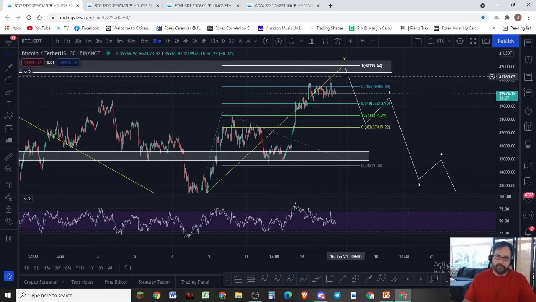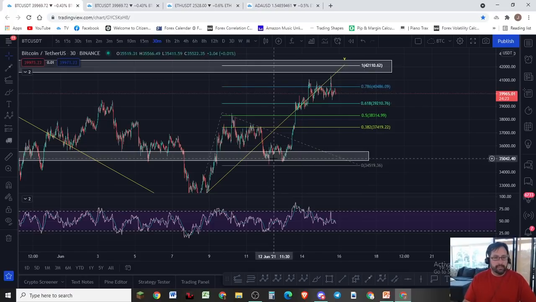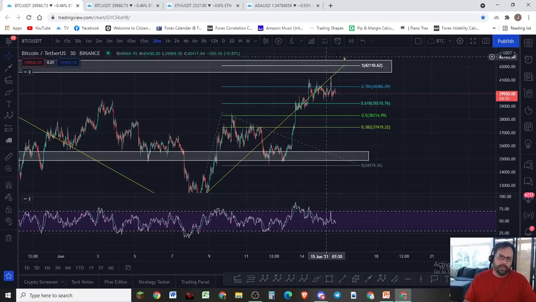Now, the answer to that question is not so simple. Generally speaking, this wave should also reach to the 1-to-1. Now 786 is a candidate for an extension that we would be okay with, but the 1-to-1 is often better. It's more common that we have a 1-to-1 relationship between waves like this, but it isn't required.